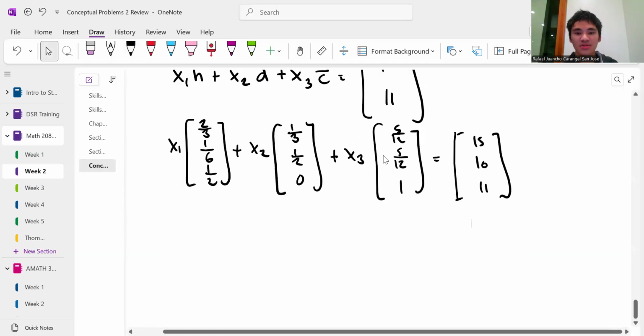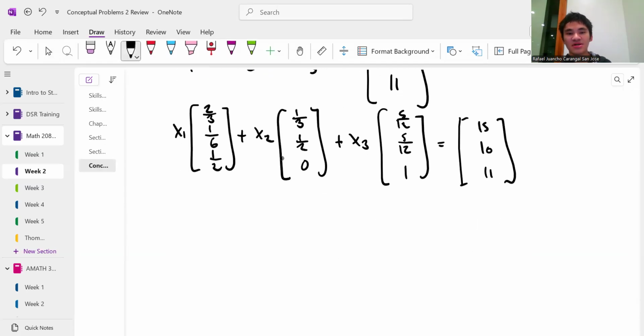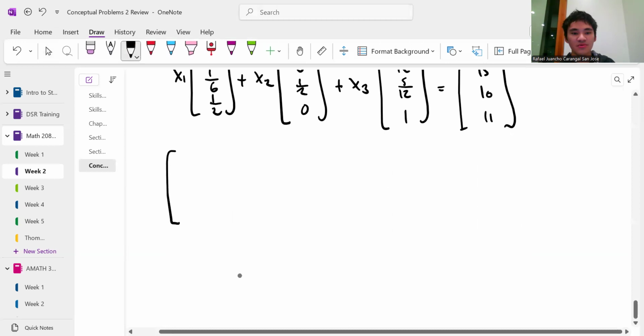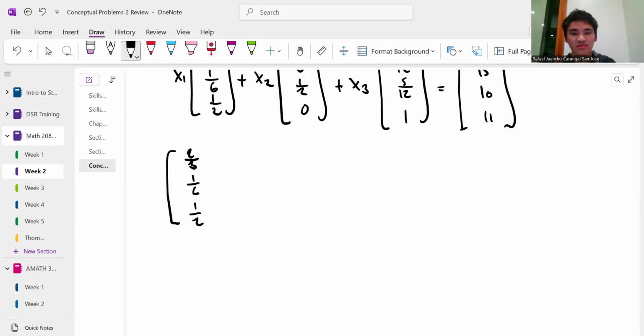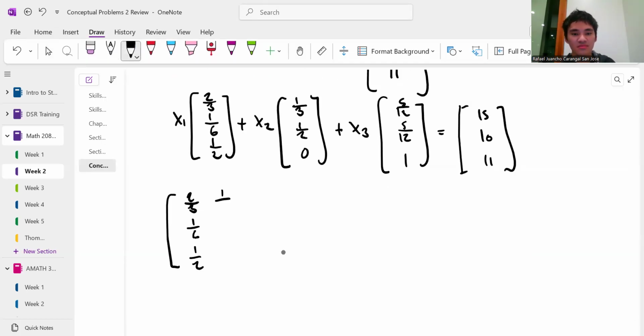Okay. So now we want to solve for x sub 1, x sub 2, and x sub 3. In other words, we're looking to see if this is a linear combination. So here's what we do. We convert them into an augmented matrix. 2/3, 1/6, a half, 1/3, 1/2, 0, 5/12, 5/12, 1, 15, 10, 11.